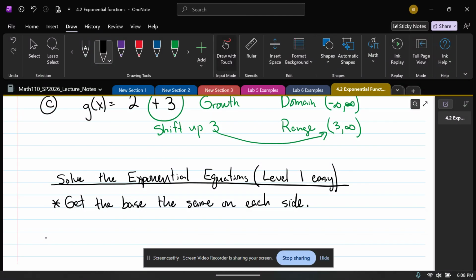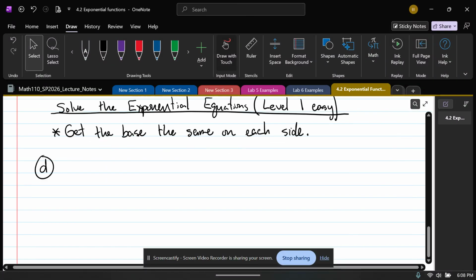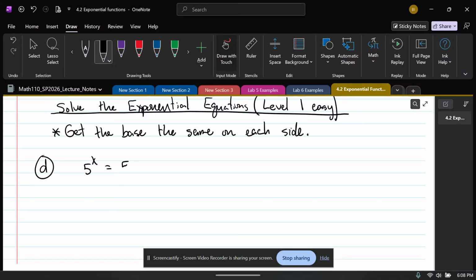Okay, so example D, we'll start with one that already has the base the same. 5 to the x equals 5 to the third. The bases are those 5s there. Since they are already the same, then that must mean that the exponents have to be equal to each other. So we just set up the equation x equals 3. And if x wasn't by itself, I'd have to get it by itself. Here, it's just plain x. So I don't have to do anything. I'm done. That's just x equals 3.